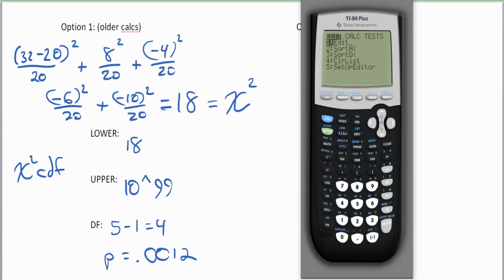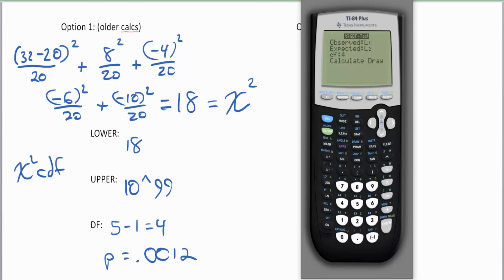Now I'm going to go stat. I'm going to move 2 clicks over to tests, and I'm going to move down to the chi-squared goodness of fit test. There it is. Hit enter. It looks like I got my list 1, list 2 exactly where I want it.